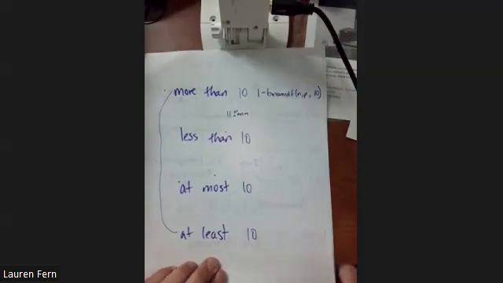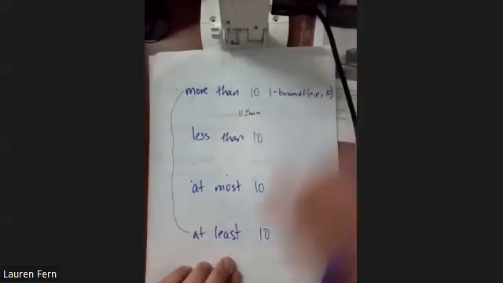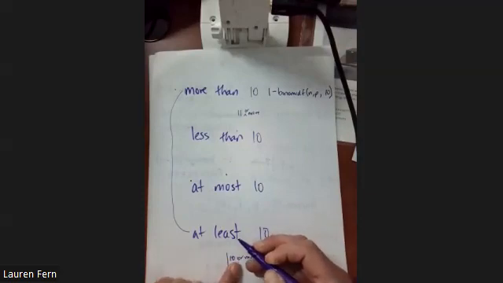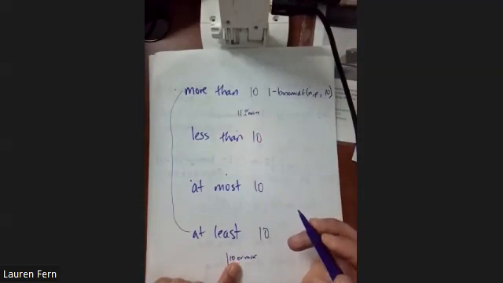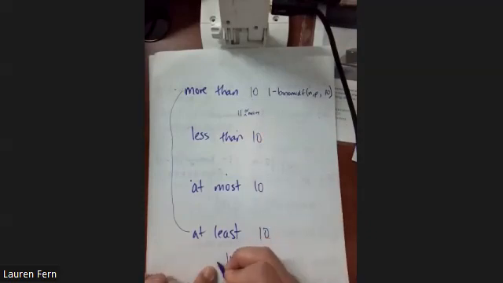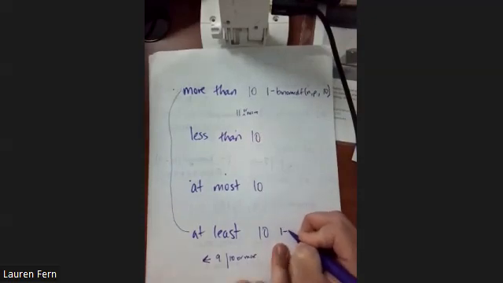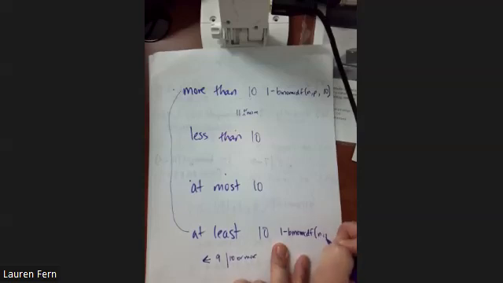To contrast that, if I have at least 10, that means I want 10 or more, because at least includes the number 10. Therefore, my complement would be 9 or less. So for this one, I would put 1 minus binom CDF n, p, and then 9.